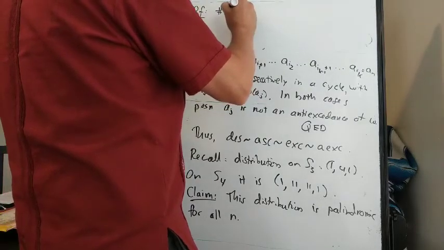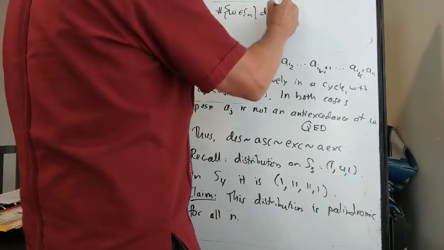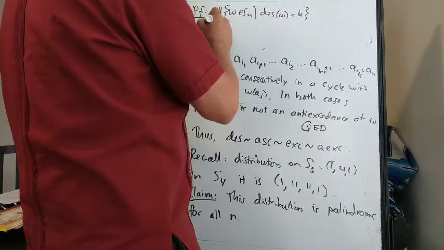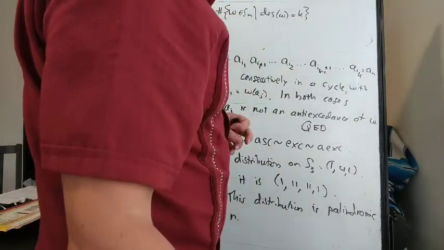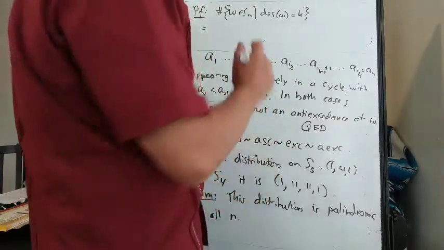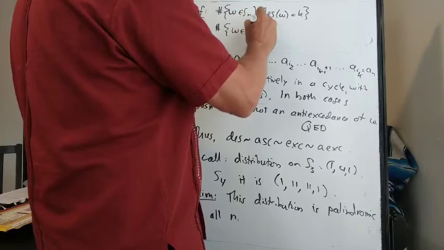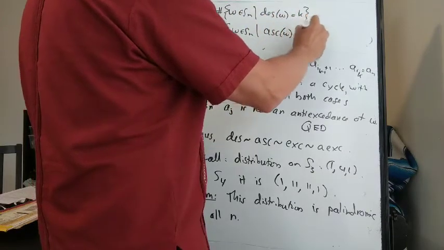So if we look at the number of permutations in Sn such that the permutation has k descents, that equals the number of permutations such that the permutation has k ascents.